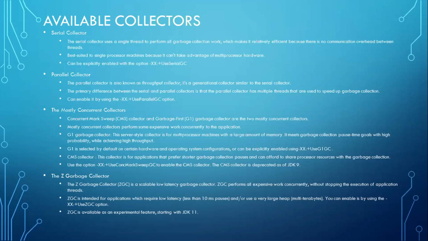The next collector is the concurrent collector. Concurrent collector means GC activity can run while your application is already running, right? With the serial collector and parallel collector, the problem comes when the GC runs: application threads need to be paused.